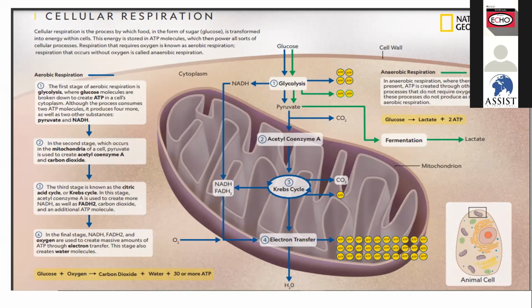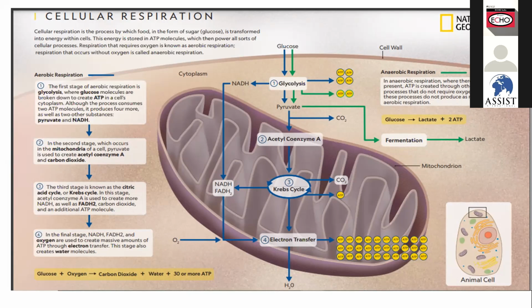In the Krebs cycle, that molecule of acetyl-CoA will be used to create more energy, more CO2, ATP, FADH2 and NADH. Then the last step, the final step, creates more molecules, NADH, FADH2, also massive energy in the form of ATP, and water.